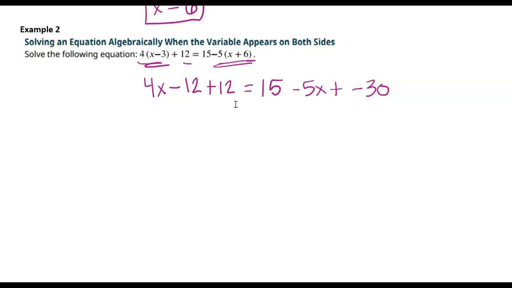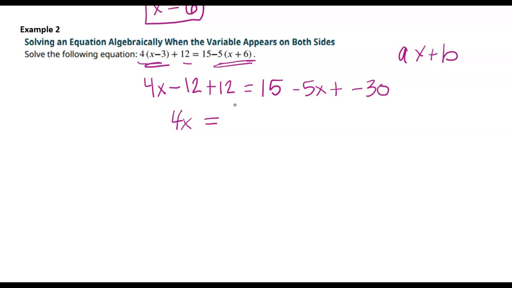Now again, I want these to look like that ax plus b on both sides so that I know that it's a linear equation. On this left-hand side, I notice that -12 and positive 12 cancel, and I get 0. So I'm just left with 4x on this left-hand side.